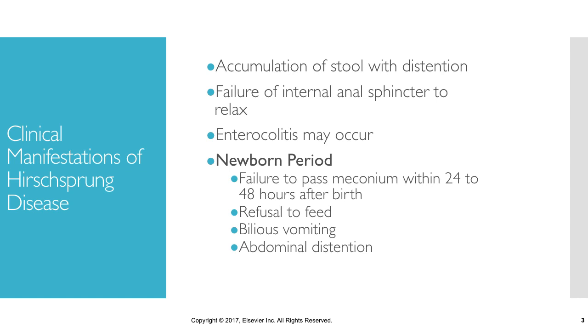So the big problem that happens with them is there's an accumulation of stool with distension, and this is because there's a failure of the internal anal sphincter to relax. So if you think about it, what happens physiologically is we have an internal sphincter and an external sphincter.